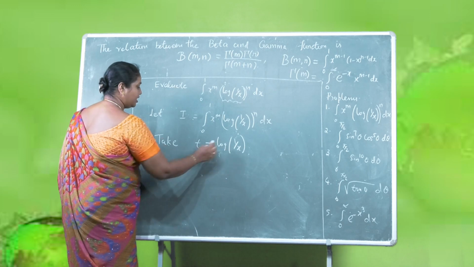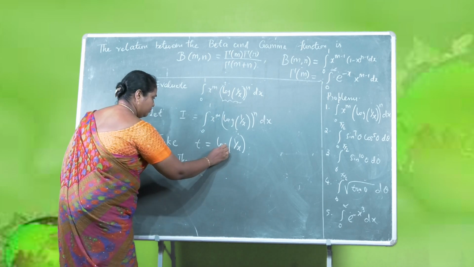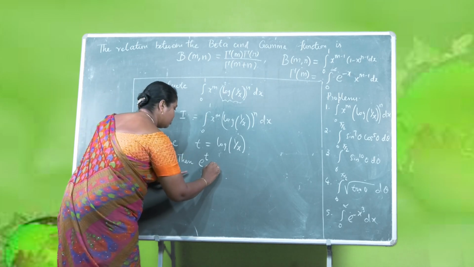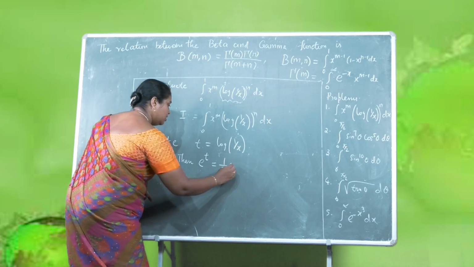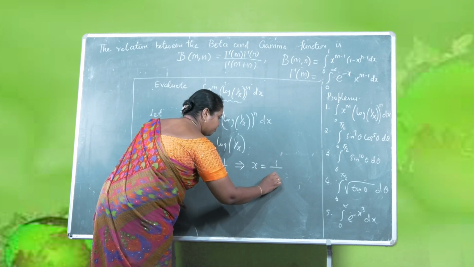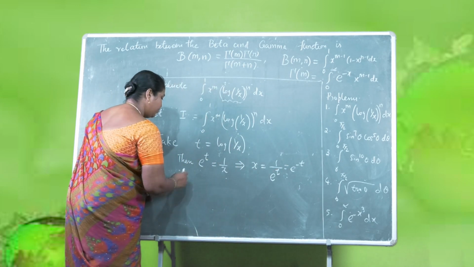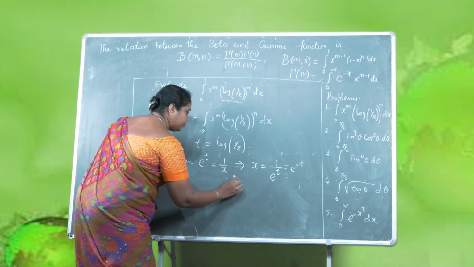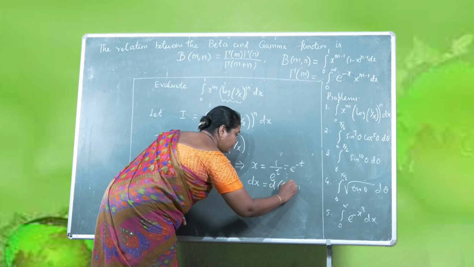First we will find what x is. If t is equal to log of 1 by x, then moving the log to the other side, we get e power t equal to 1 by x. So x is nothing but 1 by e power t, that is e power minus t. Now we calculate dx. It is the derivative of e power minus t.